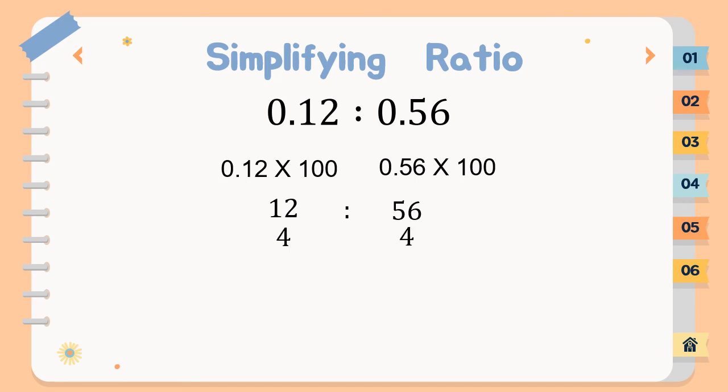Let's simplify our answer. Divide both sides by 4. 12 divided by 4 is 3, and 56 divided by 4 is 14. Therefore, for 0.12 is to 0.56, the ratio is 3:14.